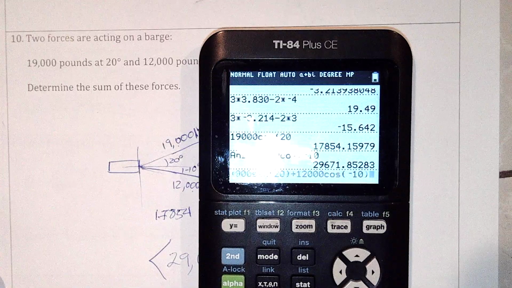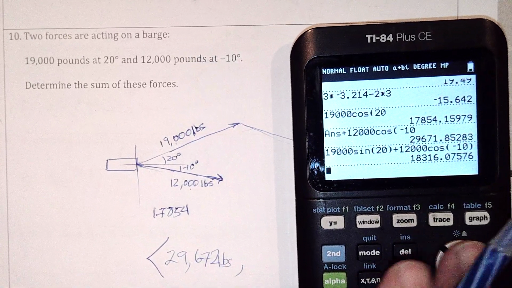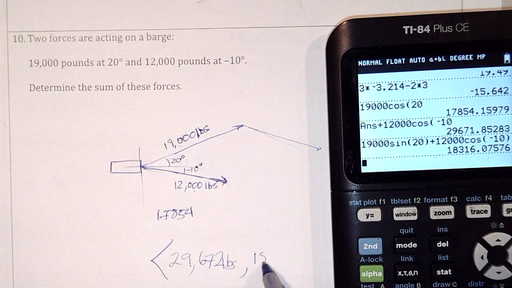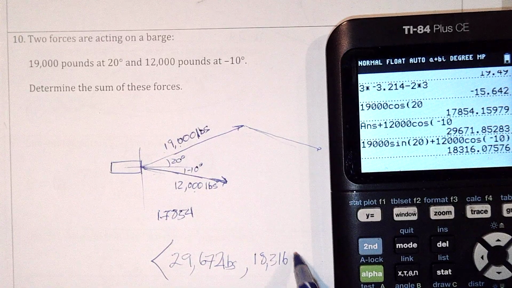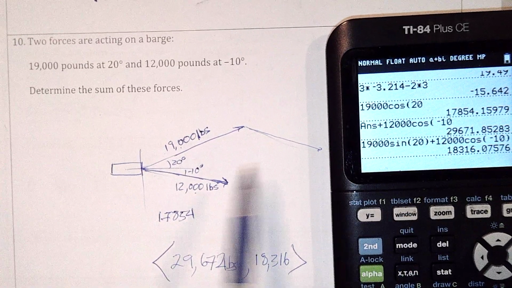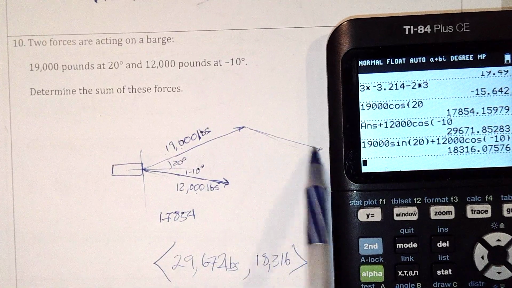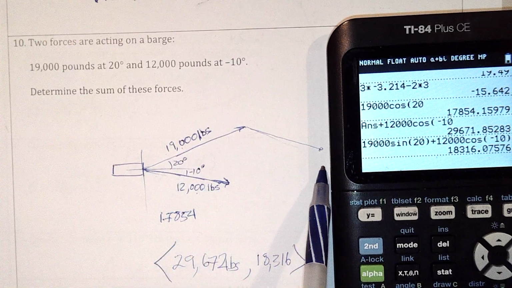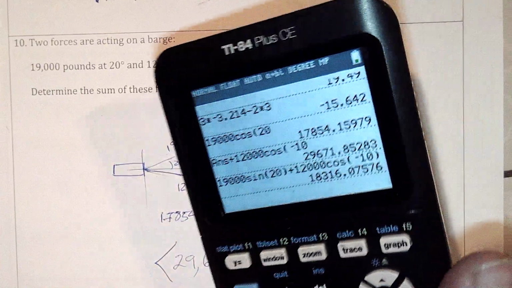That's the other one. And I get a y component that's positive 18,316. So I'm getting these two pulling on it, going this way 29,000 and up 18. That 18 seems a little high.